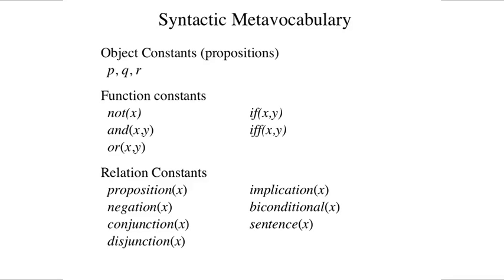We use the unary relation constant disjunction to assert that an expression is a disjunction. And similarly, we use implication for implications and biconditional for biconditionals. And we use the unary relation constant sentence to assert that an expression is a legal sentence.